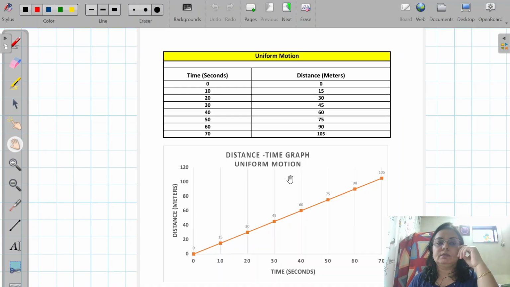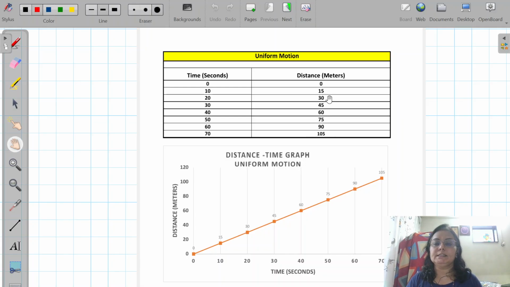He covers 15 meters in every 10 seconds. So at time equal to 0, he is at 0 distance. At time equal to 10 seconds, he has covered 15 meters. At time t equal to 20 seconds, he has covered 30 meters, that is another 15 meters. At time t equal to 30, he has covered 45 meters. And at time t equal to 40, 60 meters.